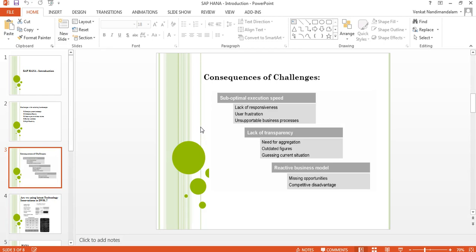Now the time has come where customers are looking very deep into their data to find unexpected answers or unexpected things from their organization. So they are looking very deep into data, which means they no longer want aggregated data. They want a detailed analysis on their data set or on their organization.